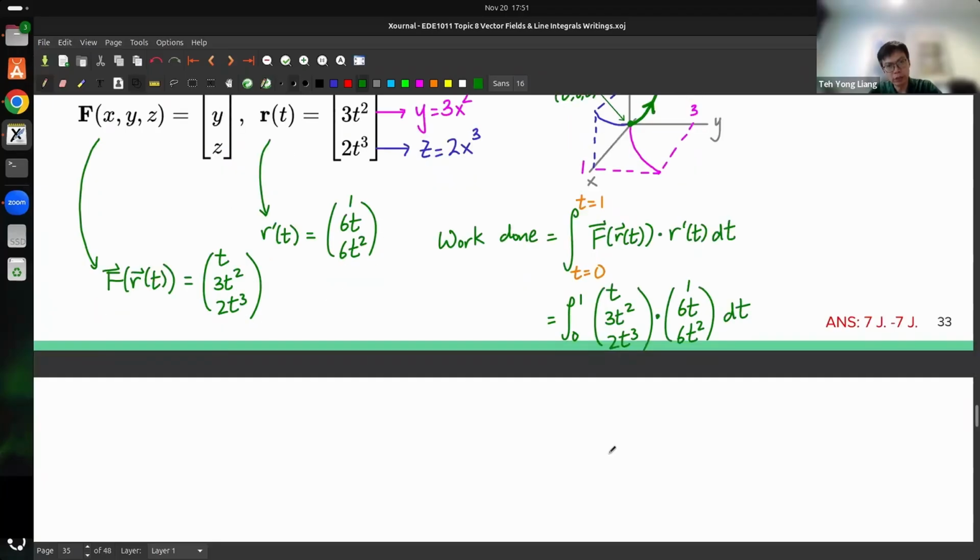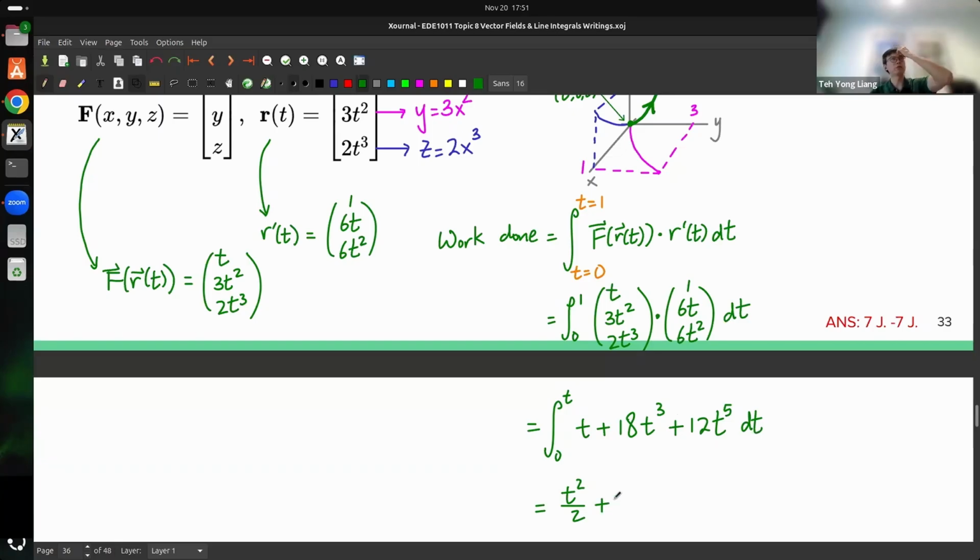Then this is easy peasy, just a polynomial function. So it's t plus 18t cubed, plus 12t to the power of 5, dt. So t squared over 2 plus 18 divided by 4.